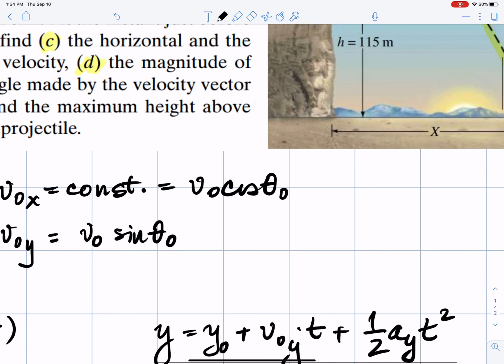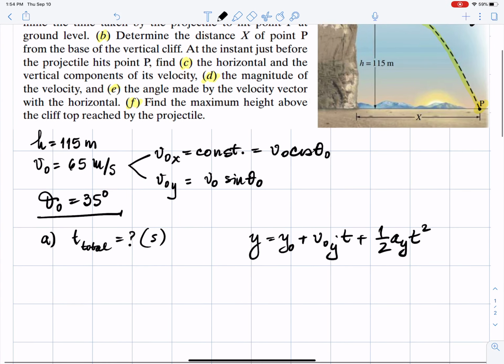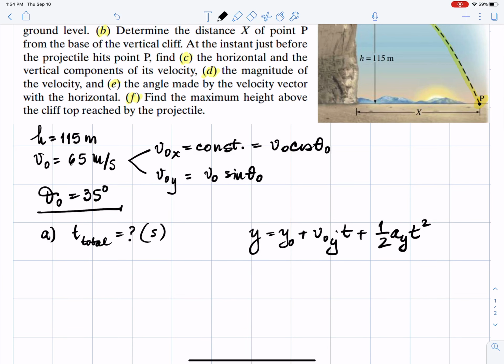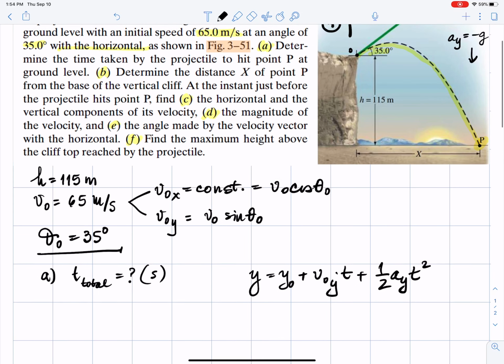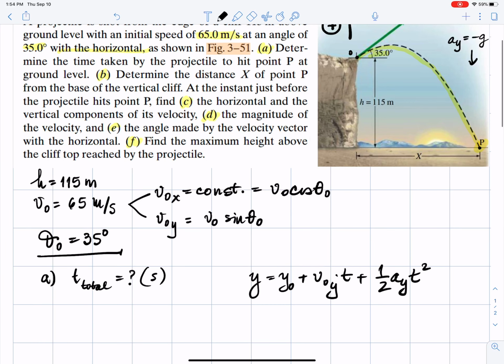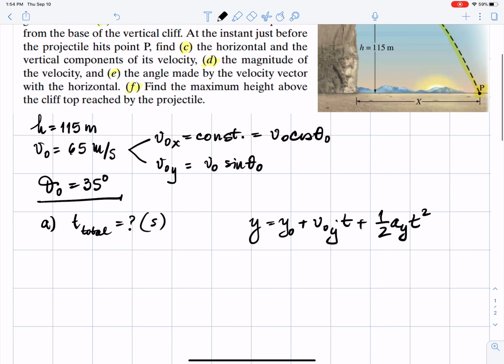Now we can look a little bit better here. y naught is 115 and y is 0. So I can replace that in my equation now. But first, let's just plug in what we have.